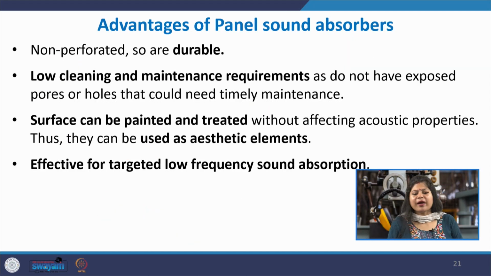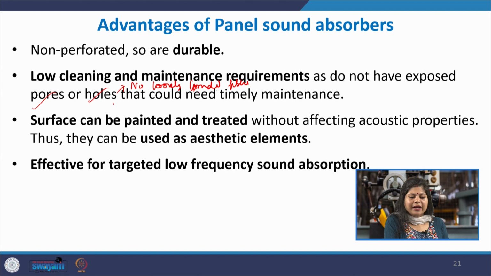Okay, so some advantages of these panel sound absorbers, they are obviously non-perforated and non-fibrous. So, all the limitations of the porous fibrous absorbers are now getting solved. They are more durable, they do not have that high maintenance requirement. Even with low cleaning and maintenance, they work because they do not have any exposed pores or holes and no loosely bonded fibers that can fall off, it is a stiff lamina.